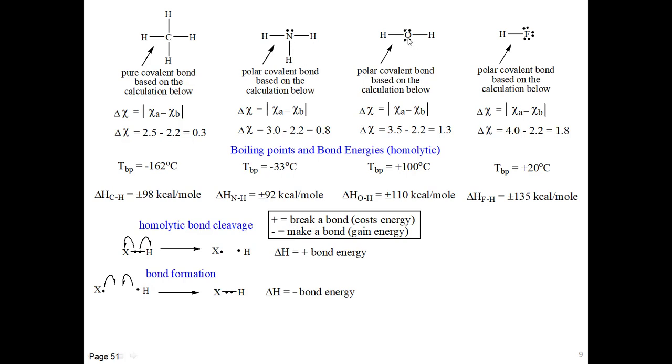Now if we go to oxygen, oxygen only has 2 hydrogens around it, but again the bond is very polar because oxygen is electronegative. We can see that in its electronegativity, 3.5 minus 2.2. So now the electronegativity difference is even greater than it was over here. And so that should make for stronger attraction between the negative parts and the positive parts of different molecules, and that should show up as a higher boiling point.